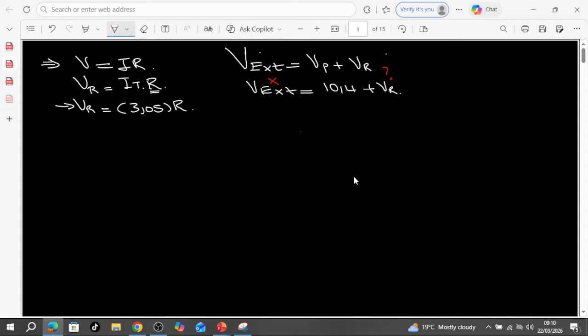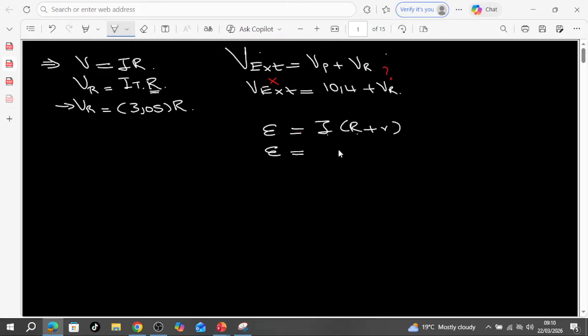what I'm going to do, I'll use the EMF. So EMF, let's just say E. You just have to get the formula on your formula sheet. So E is equal to the current multiplied by R plus small r. So let's do the substitution. If we continue working on this, it will be equal to, let's multiply this out.